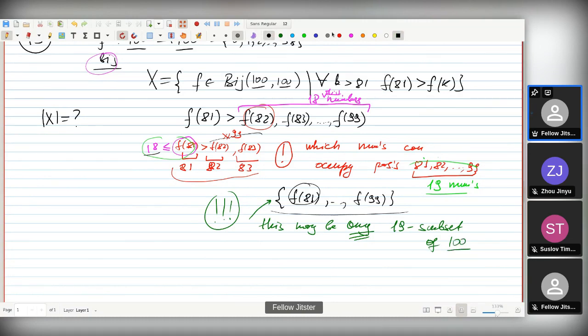Why is it so? Because if you take whatever 19 numbers, you can place the greatest among them to the first position, and then you can place all the other numbers in whatever manner. Is this idea clear?